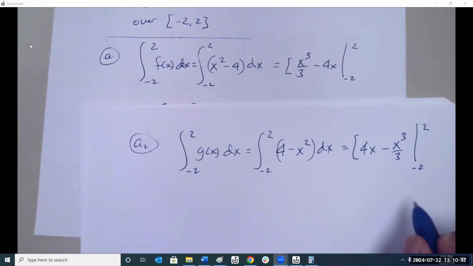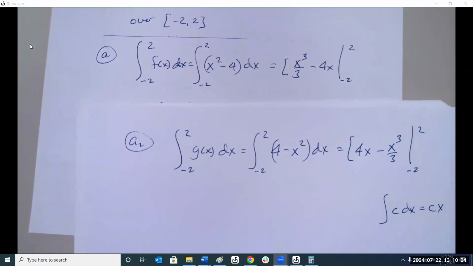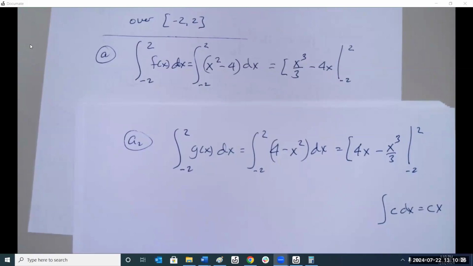Now, in case you haven't noticed already, the integral of a constant is that constant with an x behind it, because the derivative of an x is whatever the coefficient is.